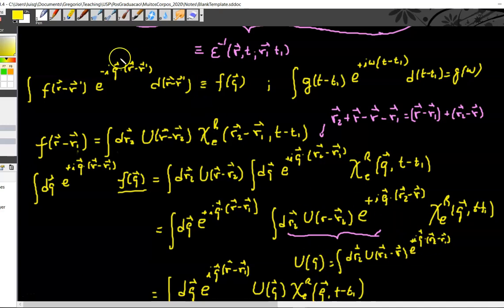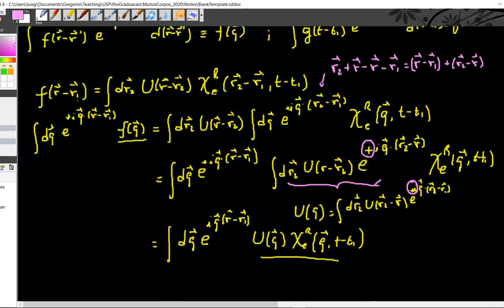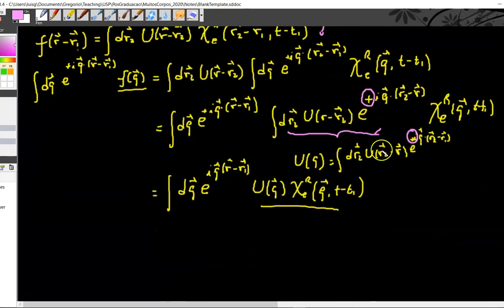The definition for the Fourier transform for u has this plus sign here. Okay, this is crucial. There's a plus sign here. So u of q has this plus sign, r2 minus r there. Okay, r2 minus r, this is what I'm calling u of q.